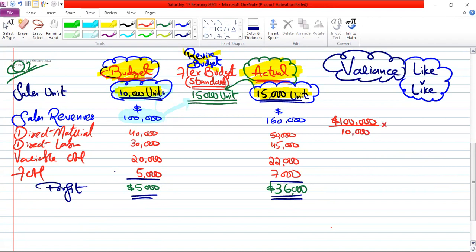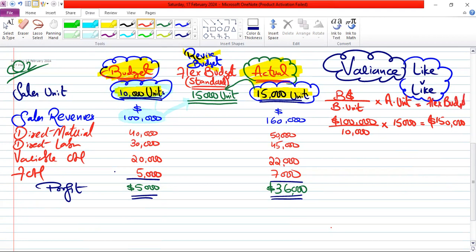But if the units are 15,000, what are the sales supposed to be? 150,000. That is the flex budget formula: budgeted dollar per unit into actual units.